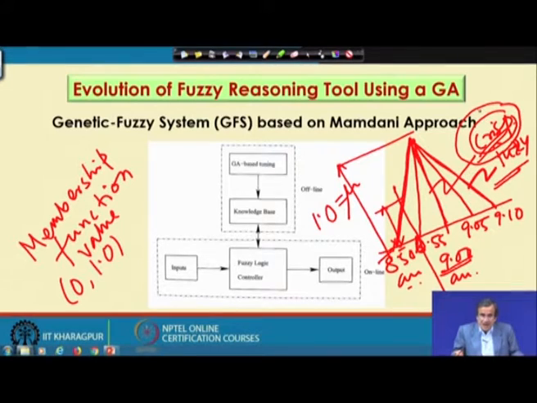Now, to define the color red, different people will define the color red in a slightly different way. If it is perfectly red, we can say that it is red with the membership function value 1.0, but if it is slightly red, then also we will have to say that it is red with membership function value say 0.4. If it is almost red, then also we will have to say that it is red with some membership function value lying between 0 and 1.